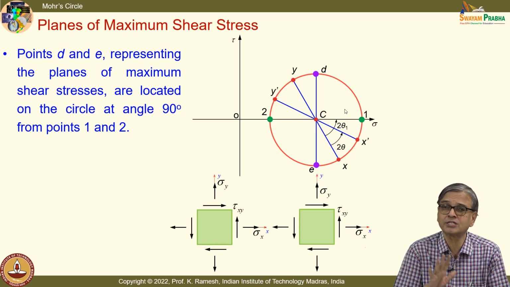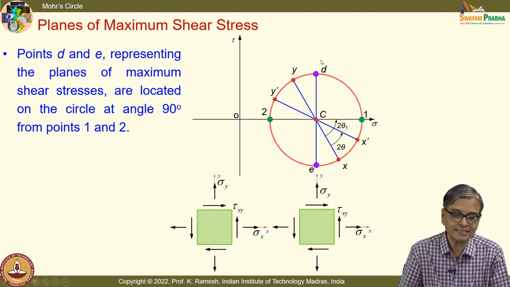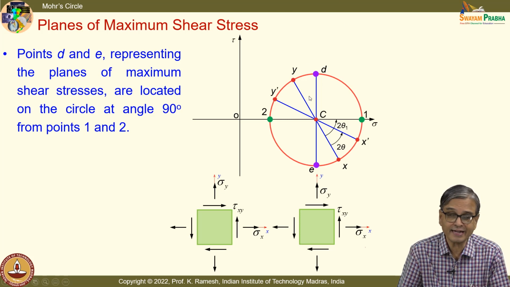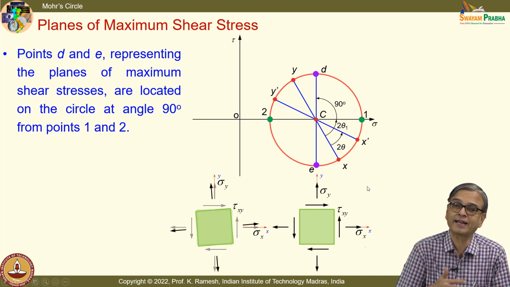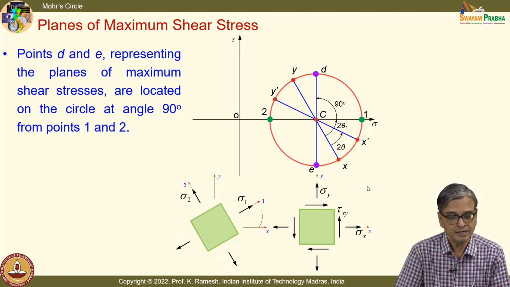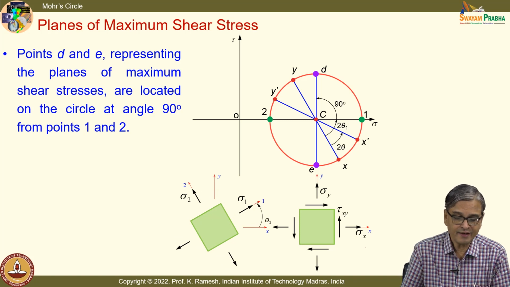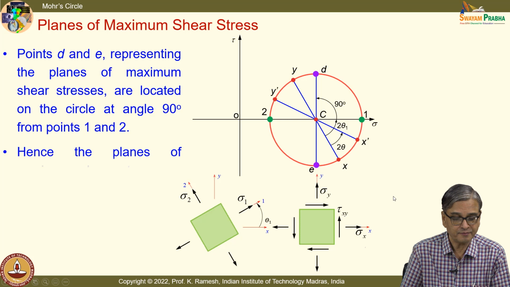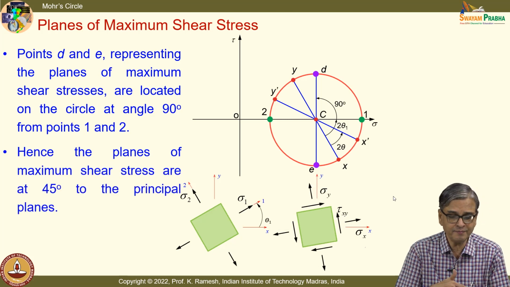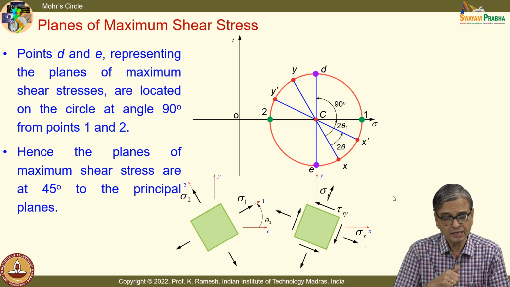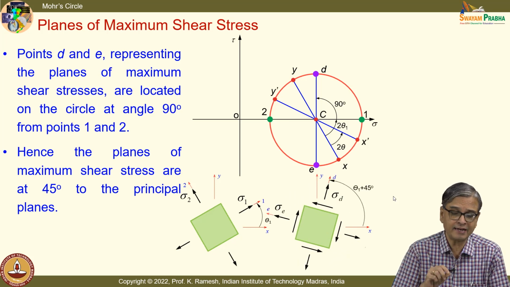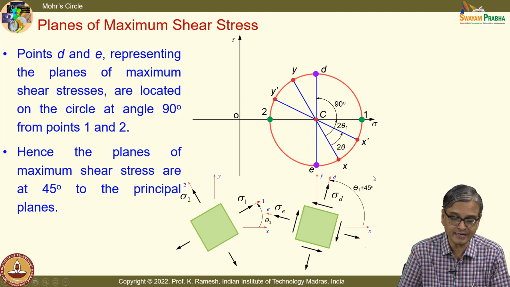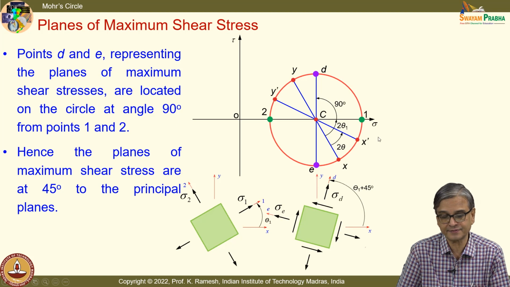All those concepts you can understand, but the moment you come to maximum shear stress, you have to look at it carefully, and we will learn it towards the end of the class today, where we will look at what happens in a three-dimensional situation. But when I have the principal planes, whether it is a local maximum or a global maximum, the relevant principal plane and the maximum shear stress are separated by 45 degrees in the physical plane, and in the Mohr circle by 90 degrees; that does not change.